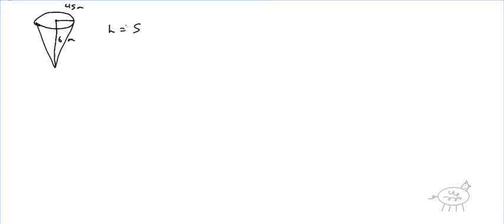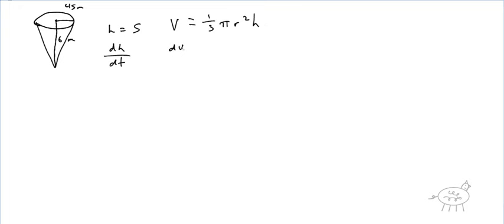I'm wanting to know how fast is the water level falling. Okay, so I'm looking for dh/dt, right? How fast is the height falling? Okay, so of course we're going to need our nice little friendly formula here. Volume of that cone is going to be 1/3 pi r squared h.